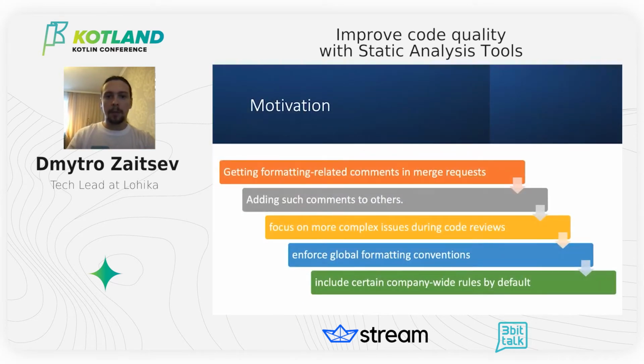I believe each of you has faced a situation when your pull requests or merge requests were commented on like, please remove these two spaces, or something like that. Code formatting and code style is like personal hygiene. It's very simple, but really important.